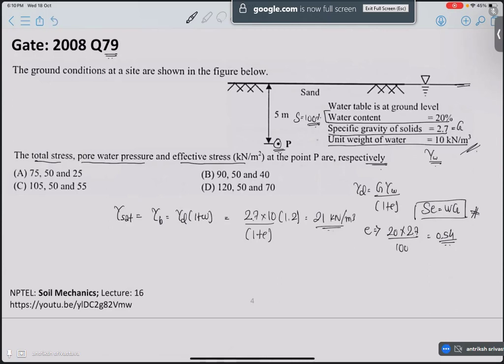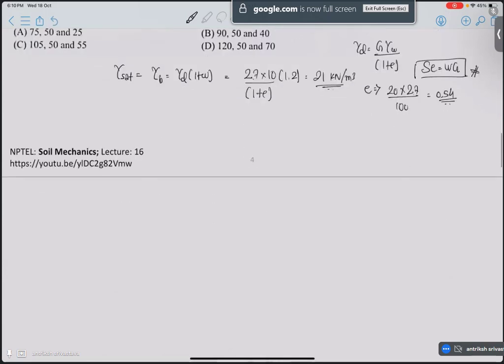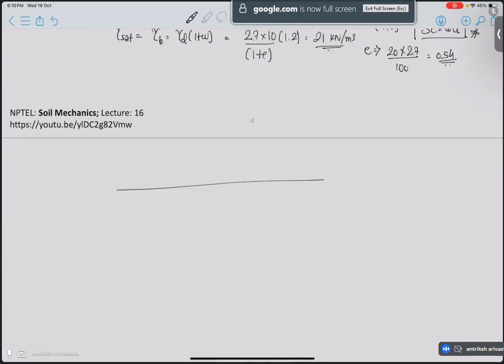Okay, now we have to draw our stress diagram. Let's say this is the soil, and this is the plane where we want to find the stress, and the water level is at the soil surface. This distance is 5 meters.